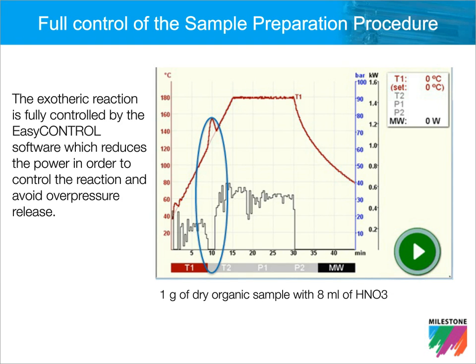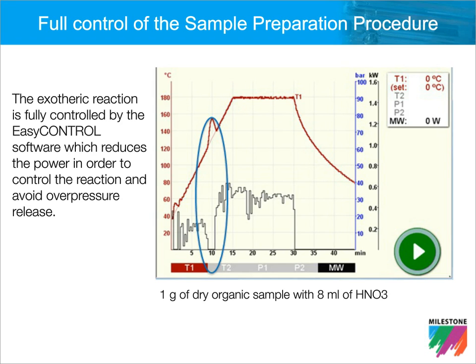In organic samples, it's common when a certain temperature is reached, 1 carbon bond breaks, and because organic samples are made of many carbon-carbon bonds, they all break at the same time, releasing energy, and this is where we see this exotherm take place. The important component of the Easy Control software, because it uses PID control, is that as soon as it sees a deviation of temperature of only 1 degree from the set temperature profile, the power automatically shuts off.